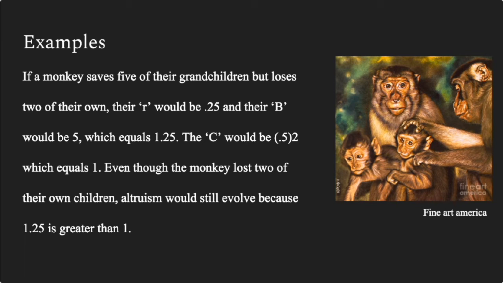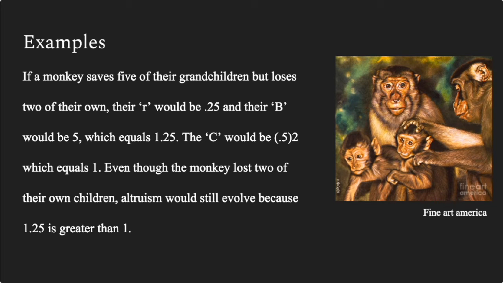The C would be 0.5, because that is the relatedness of direct offspring multiplied by 2, because that is how many of their children were lost. C would be 0.5 times 2, which equals 1. Even though the animal lost 2 of their own children, altruism would still evolve because 5 of their half-siblings being saved resulted in 1.25, which is greater than 1.